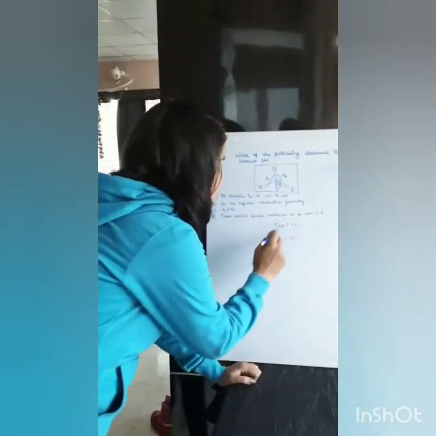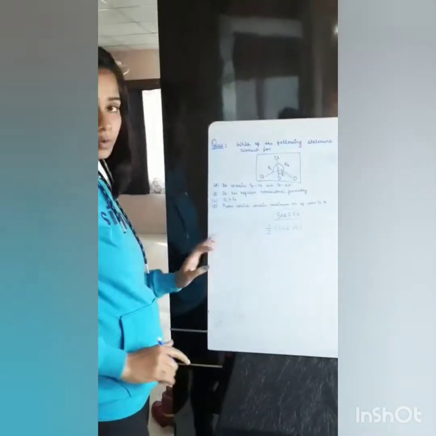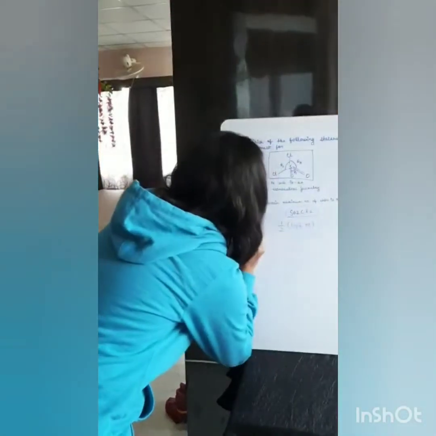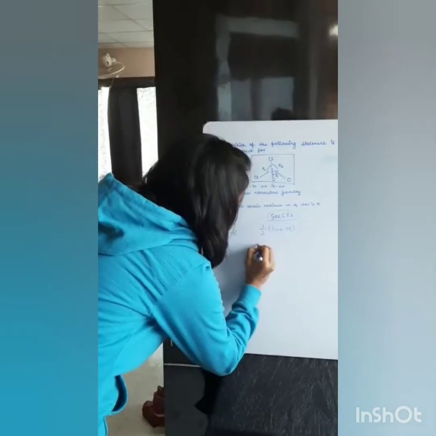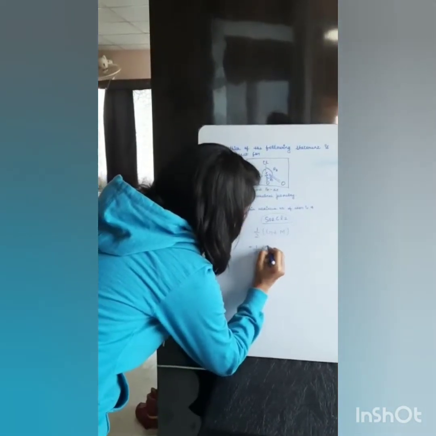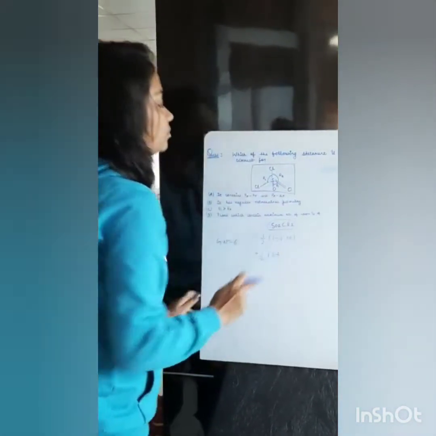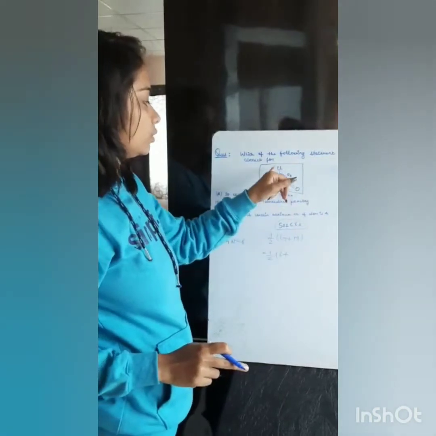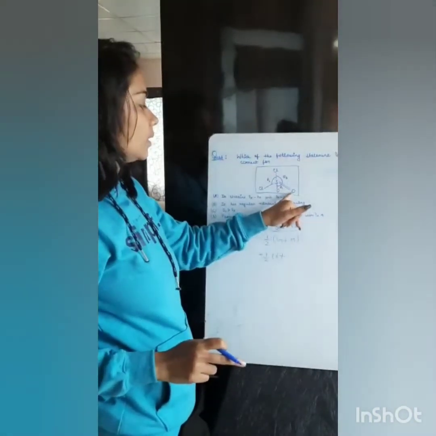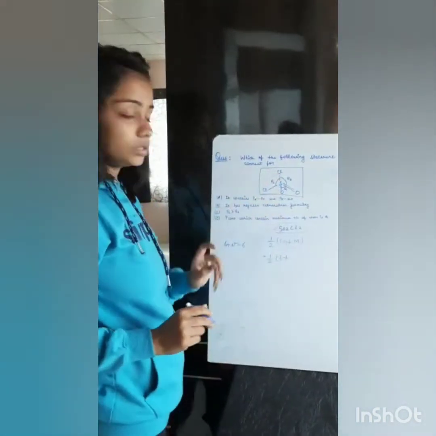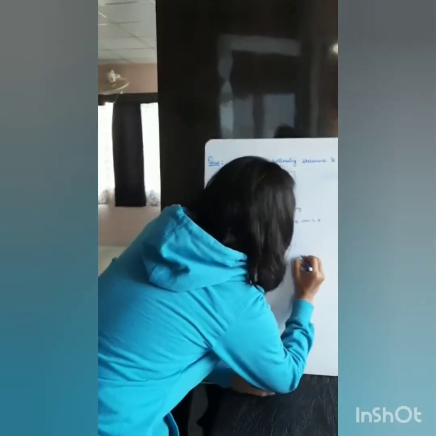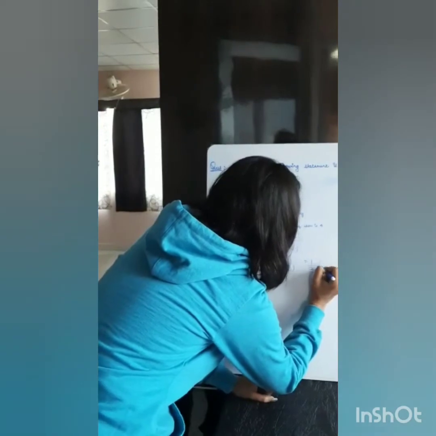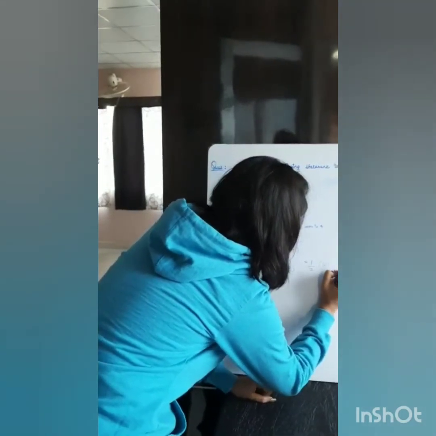The central atom is sulfur, which has group number 6. So 1 by 2 (6 plus M), where M is the number of monovalent atoms; chlorine is monovalent and oxygen is divalent. We have 2 chlorines, so 1 by 2 of 8, which is 4.